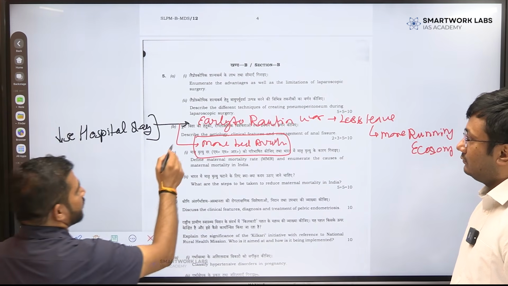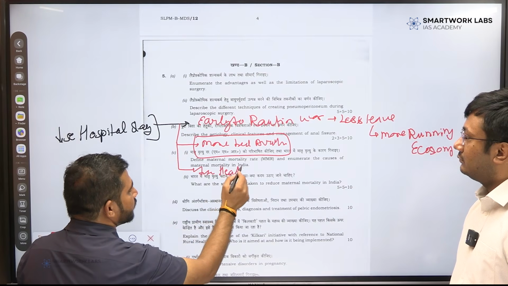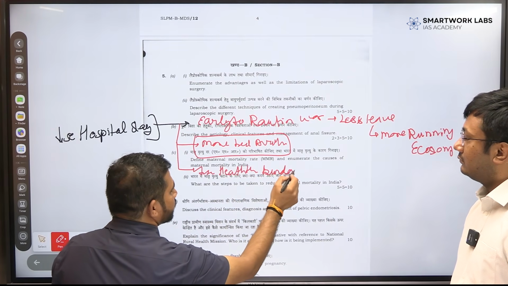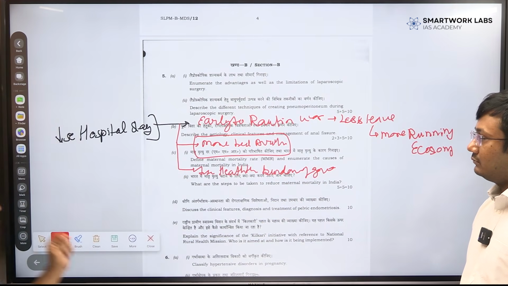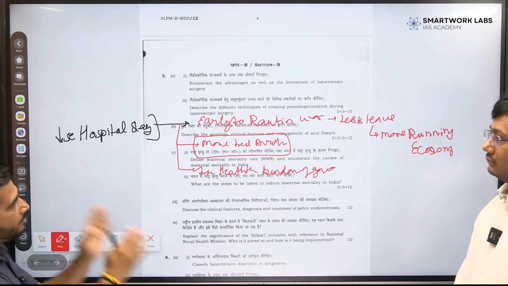Third thing, decrease health burden on government. I'm telling you the technical part as well as the part extra treatment.